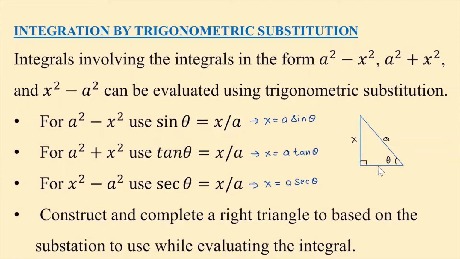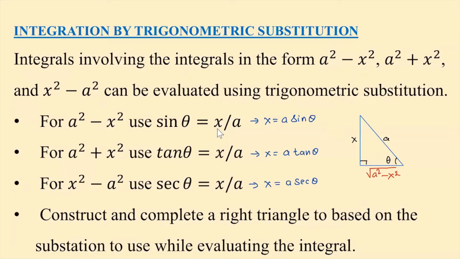Then you'll find the missing side of the triangle using the Pythagorean identity. So this missing side will be square root of a squared minus x squared.